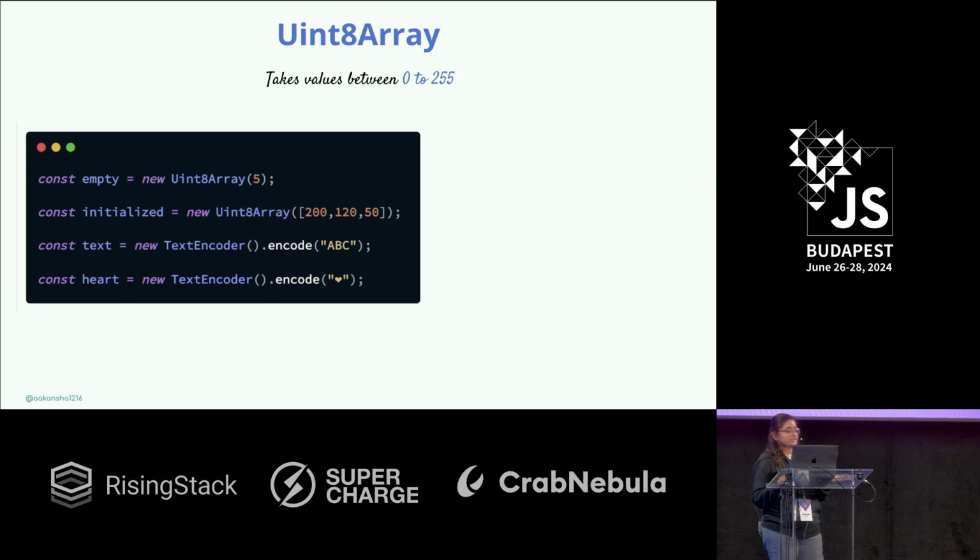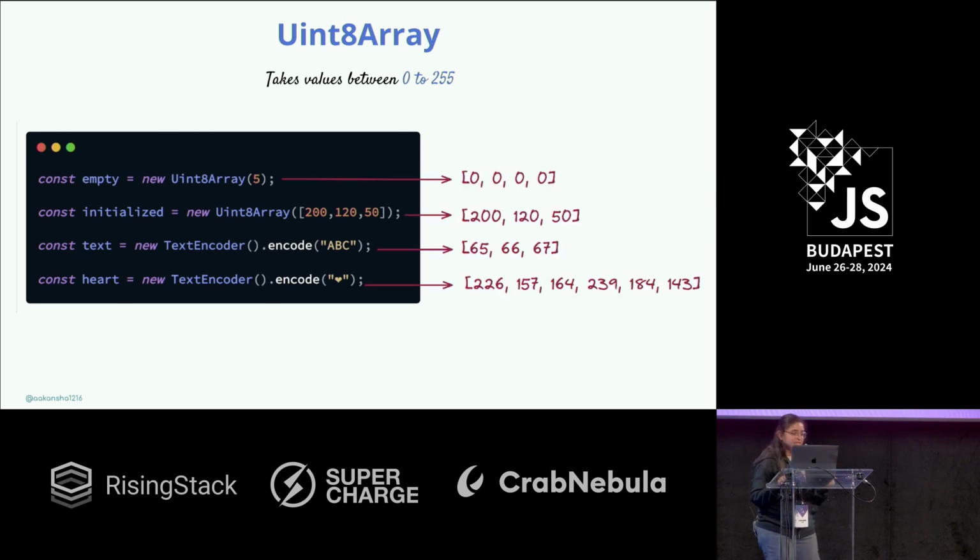You can initialize it with some size, and it gets initialized with all zeros. You can initialize it with some values, and it will get initialized with those values. You can use the TextEncoder.encode API to convert a string to bytes, because we need to convert every possible thing into bytes to make it compatible with this API. And you can represent emojis as well.